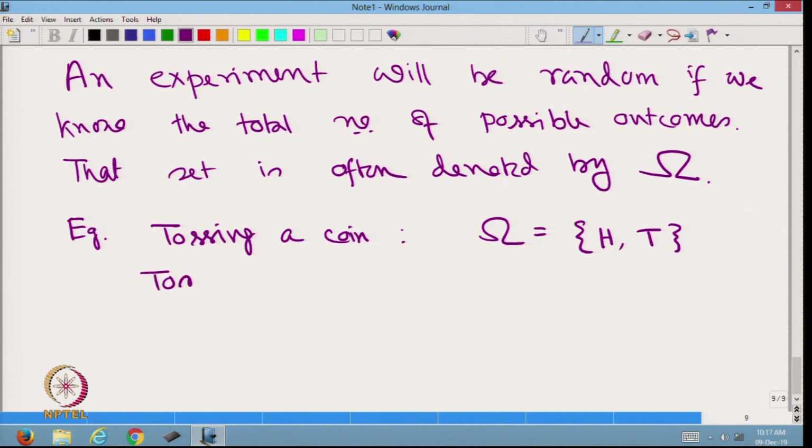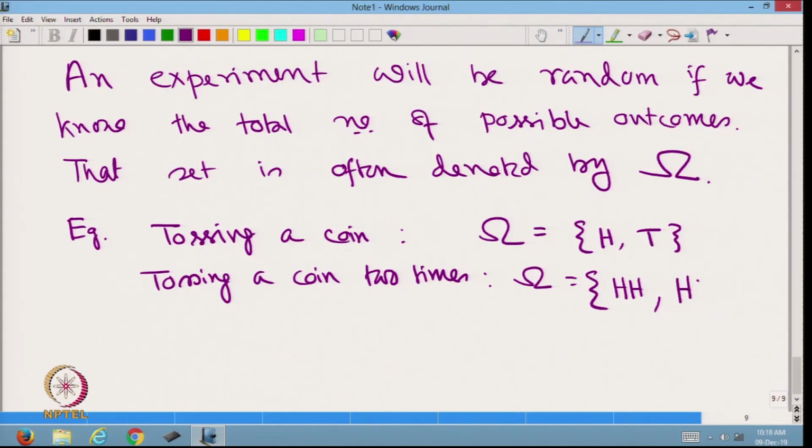Tossing a coin 2 times, then omega will be the outcomes of the 2 trials: HH, HT, TH and TT, that is, head head, head tail, tail head and tail tail.